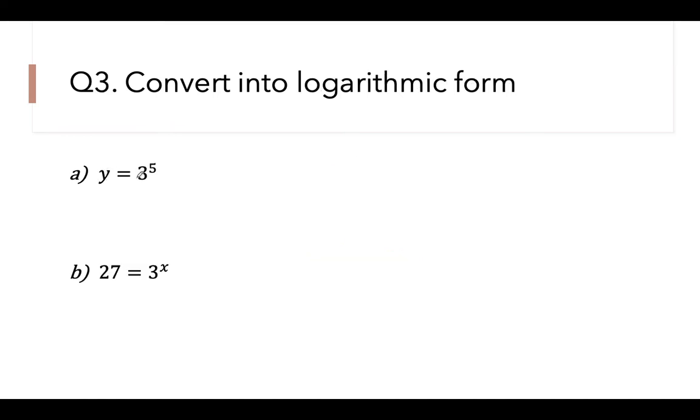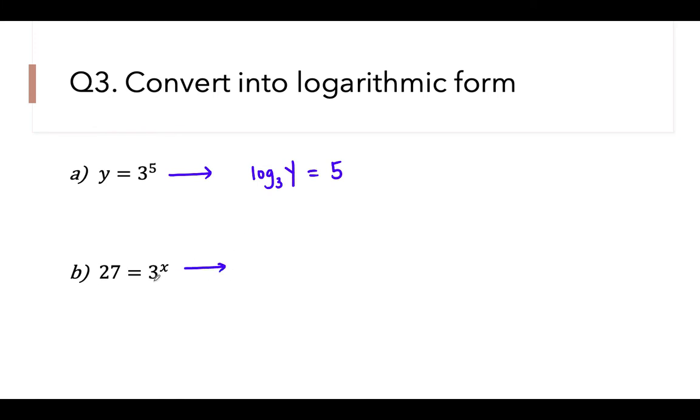Next, let's convert exponential form into logarithmic form. First, identify what the base is. The base is 3. So logarithm has a base of 3 of y is equal to 5. So double check. 3 to the 5 is y.